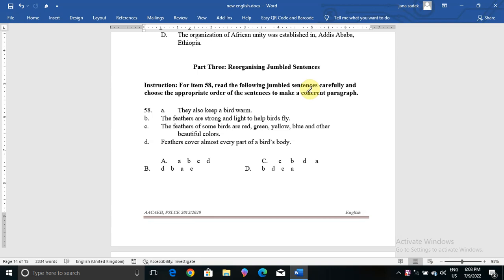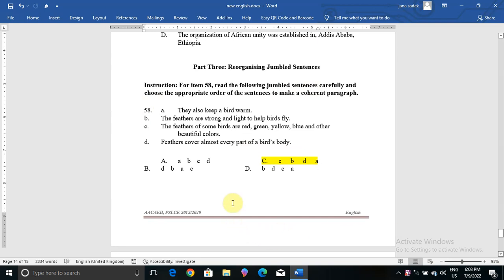And feathers cover almost every part of a bird's body. They also keep a bird warm. So the correct answer for question number 58 is C, then B, then D, then A. Arranged like this, the correct choice for question number 58 is C.